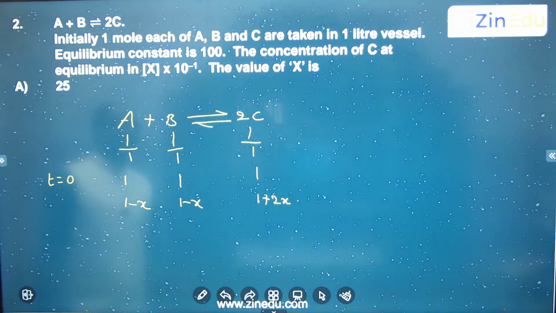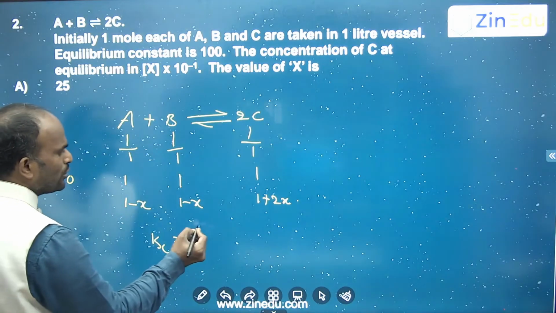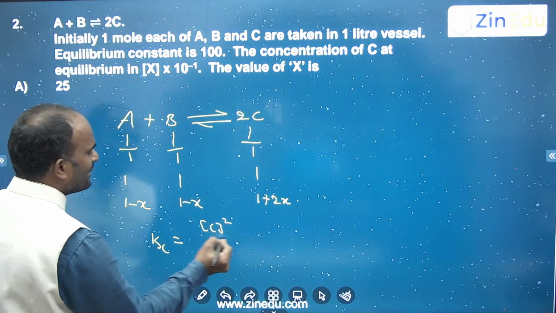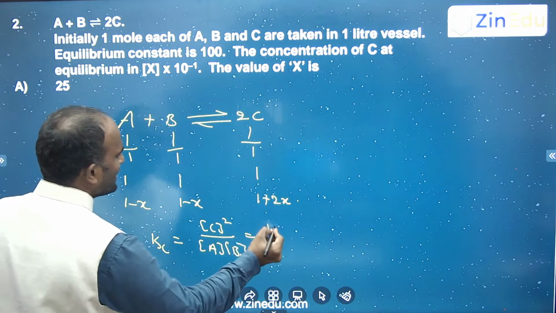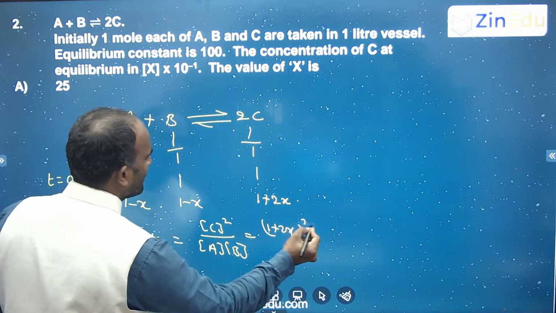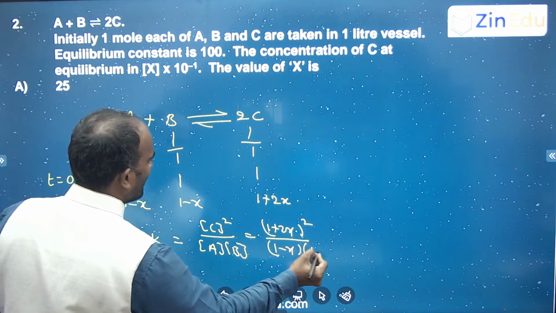Given that the equilibrium constant is 100. So now Kc is equal to concentration of C whole square divided by concentration of A into concentration of B, that is 1 plus 2x whole square divided by 1 minus x into 1 minus x.